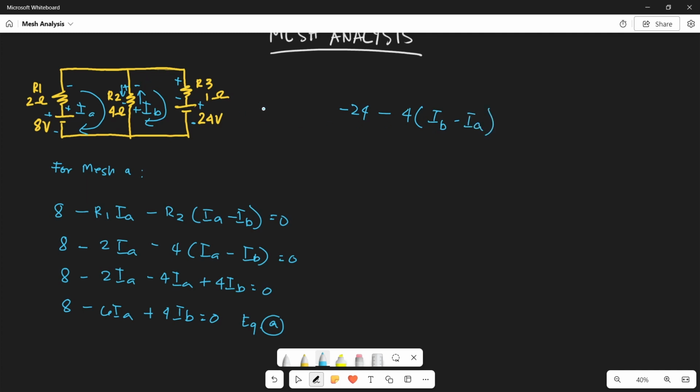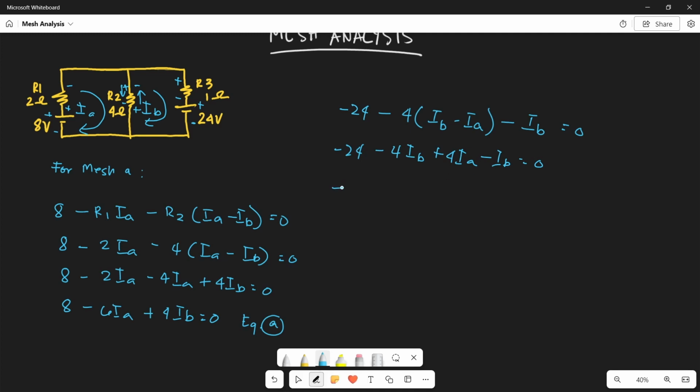And then minus R3, which is 1 ohm times the current through R3, which is IB. So minus IB equals 0. So negative 24 minus 4 IB plus 4 IA minus IB equals 0.